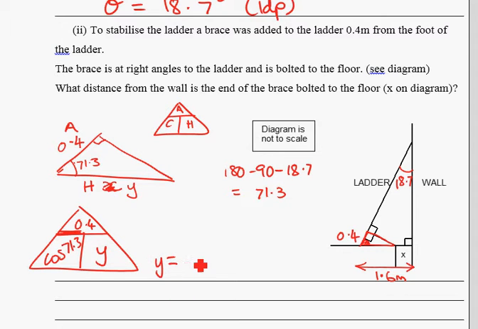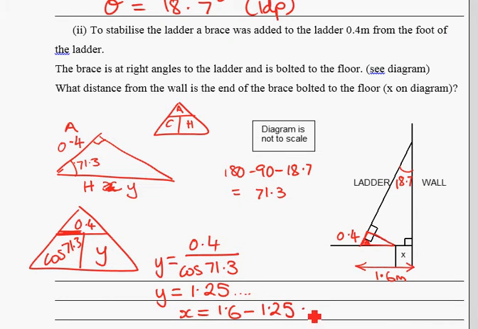So y is going to equal 0.4 divided by cos 71.3, which gives me 1.25, and therefore if I want to find x, it will equal 1.6 minus 1.25, 0.35 of a metre out from the wall.